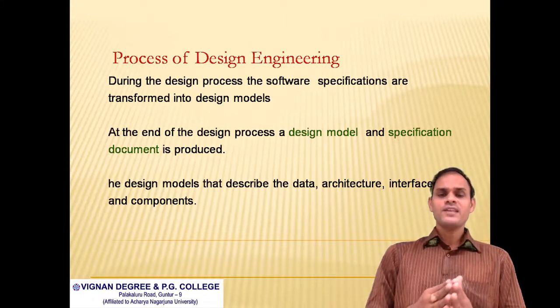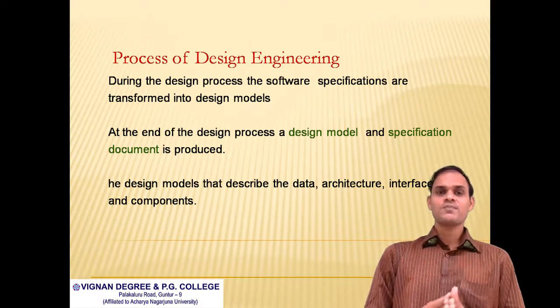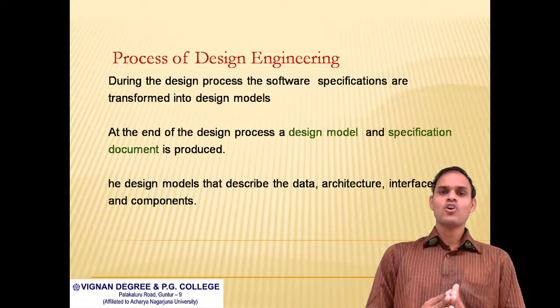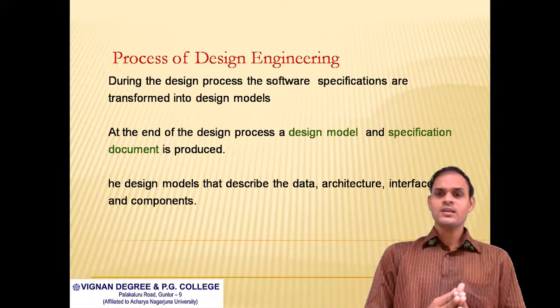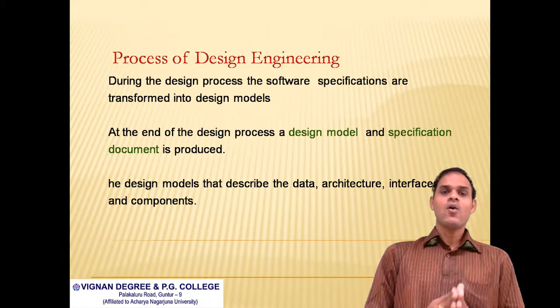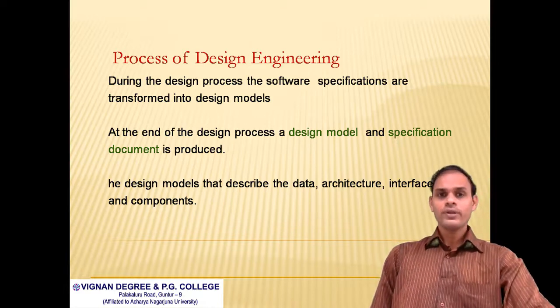At the end of the designing process, a designing model and specification document is produced. This documentation is composed of the designing models that describe the data, architecture, interfaces and components.